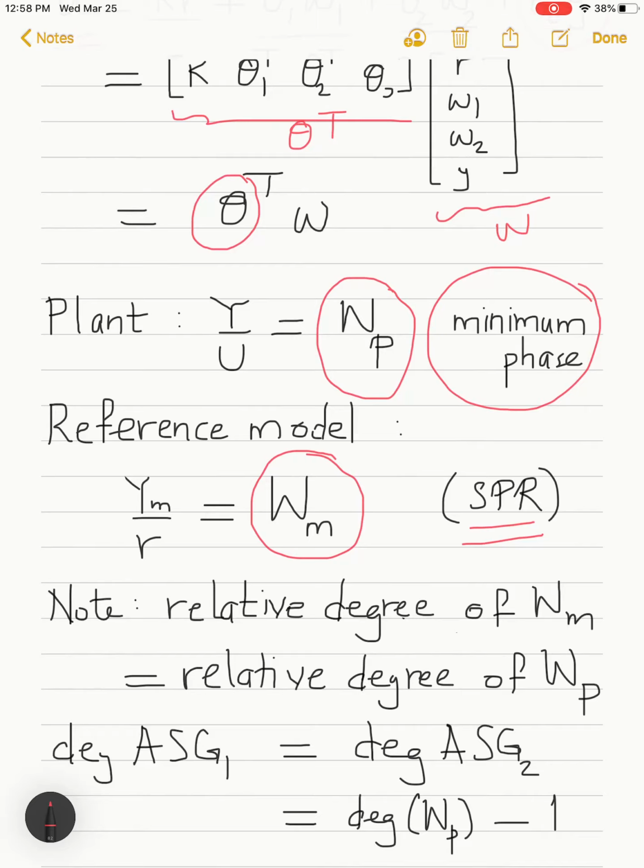And of course, the transfer function of the reference model relates the desired output ym to the reference signal r, while the transfer function that represents the plant relates the true output of the plant to the input signal u.